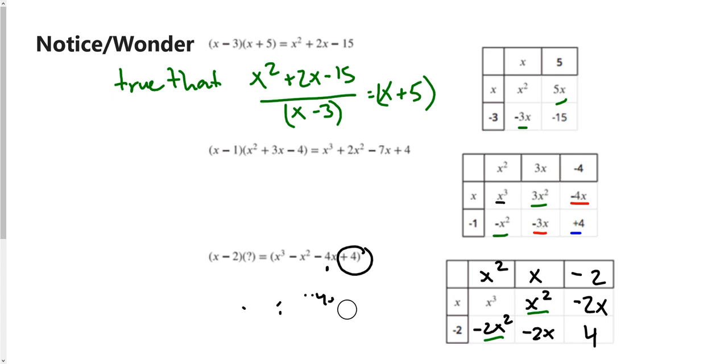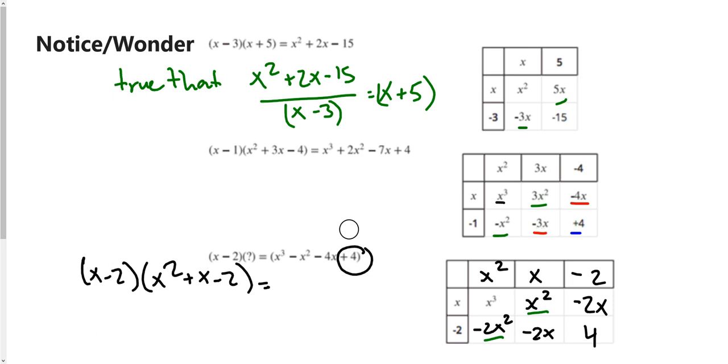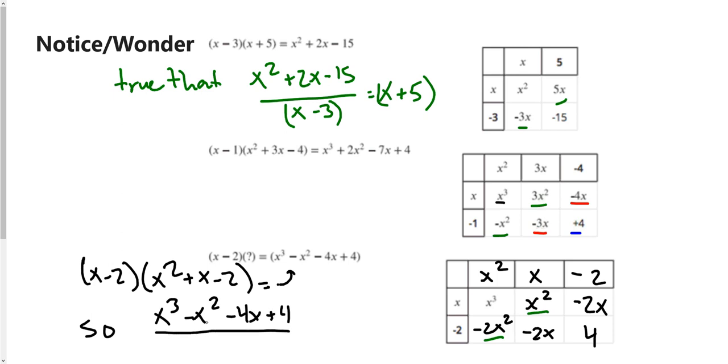So it turns out that x minus 2 times x squared plus x minus 2 is equal to, well, I'm not going to rewrite it again. It's equal to that. So, get this. x to the third minus x squared minus 4x plus 4, or actually, that's the result.